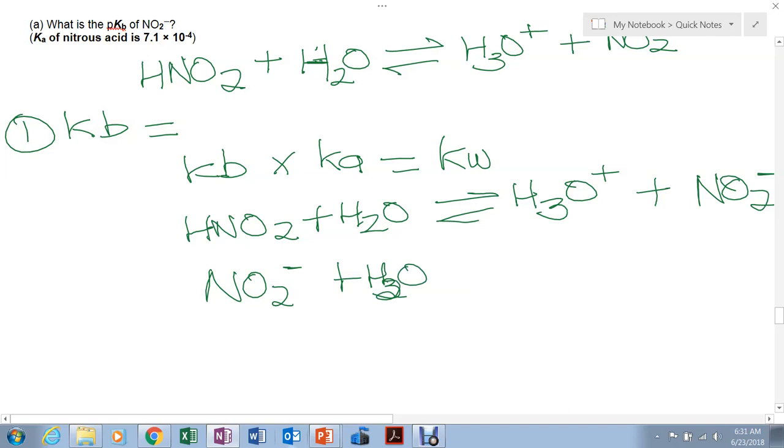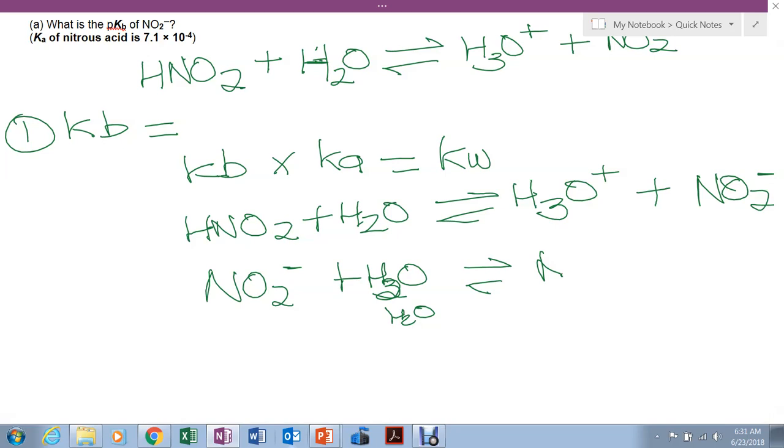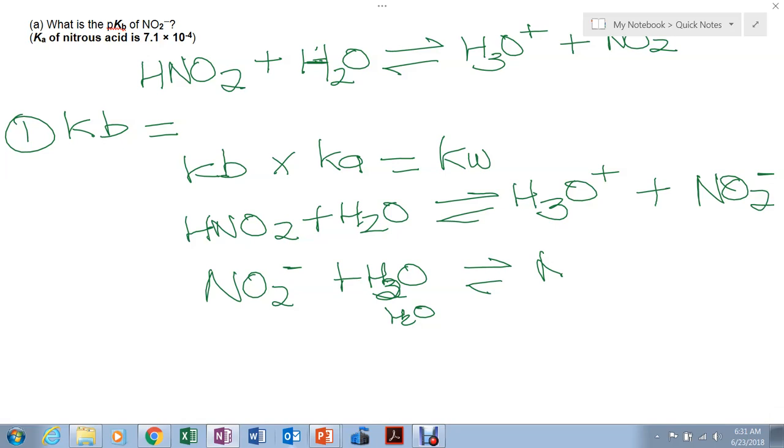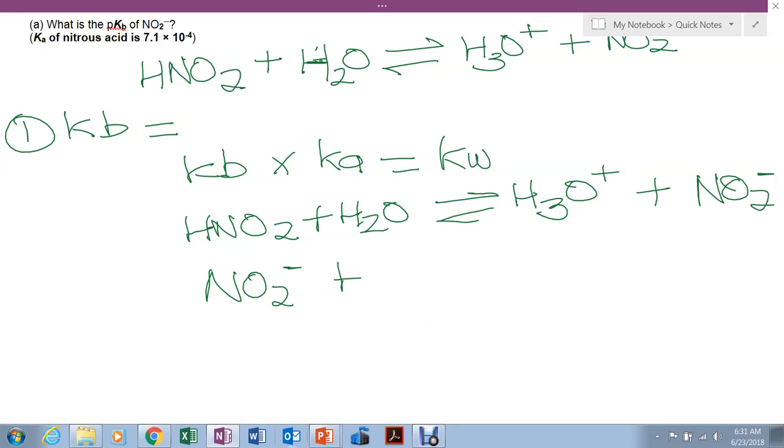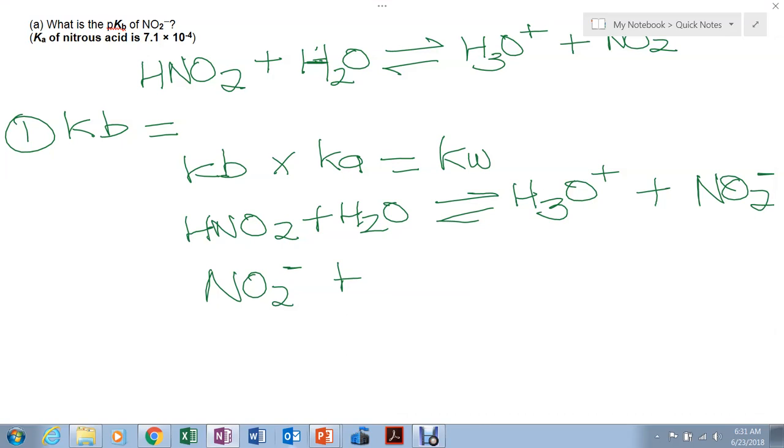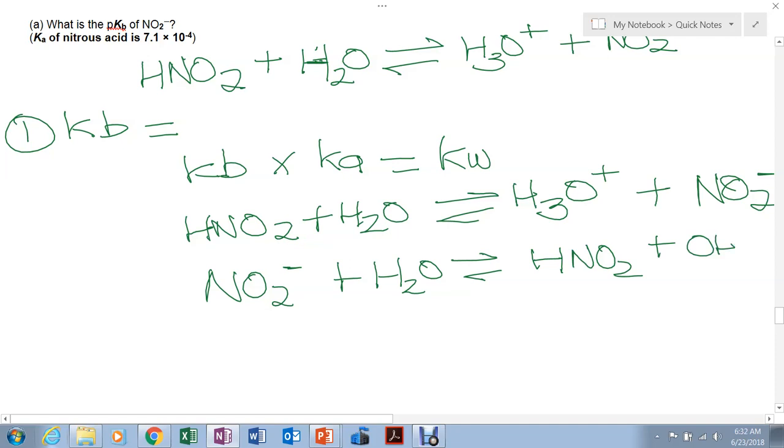And I'm going to start erasing that. This is water, okay? This is water. I'm going to erase both of them. NO2 plus water gives you back the acid plus OH negative.